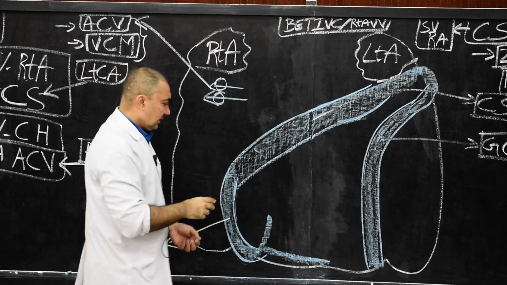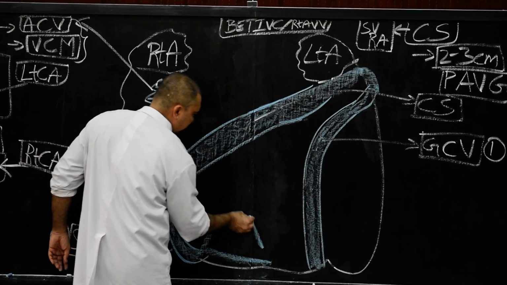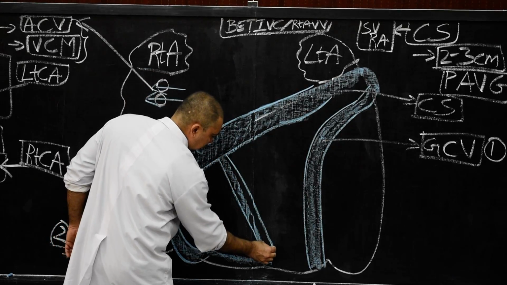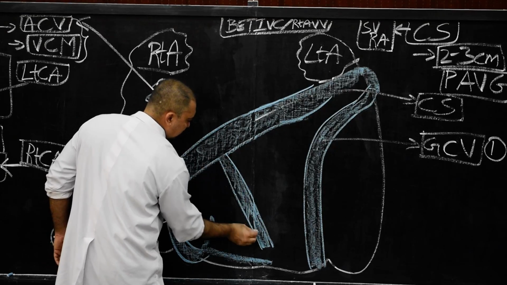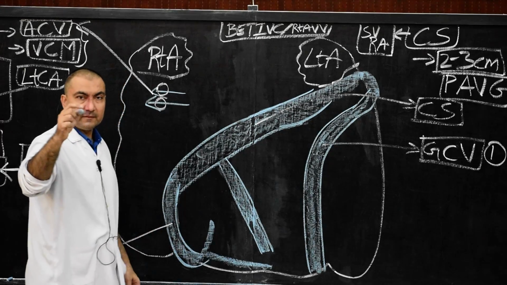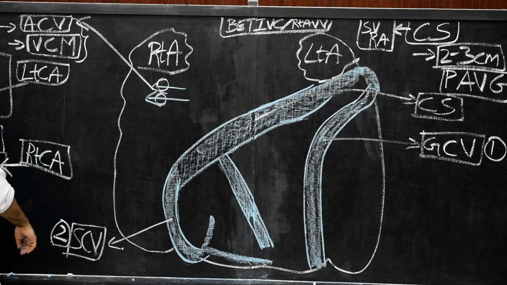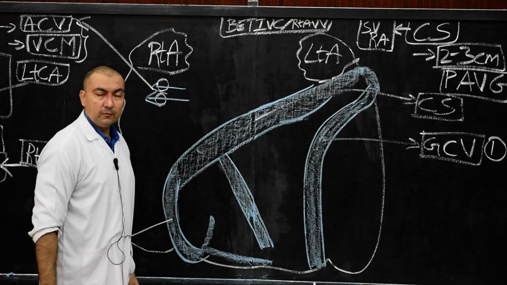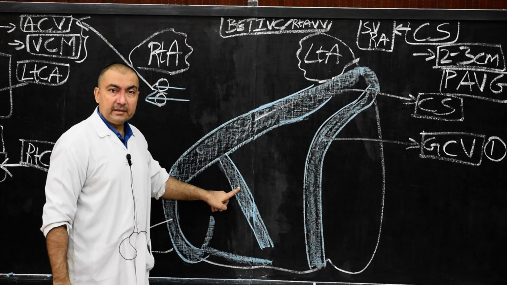Third tributary. Now the third tributary, which we are going to draw, will be posteriorly. We are showing this posteriorly. Please draw in this way. Now this tributary which I am drawing is in the posterior interventricular groove. It is located in the posterior interventricular groove. And the name of this tributary will be the middle cardiac vein.